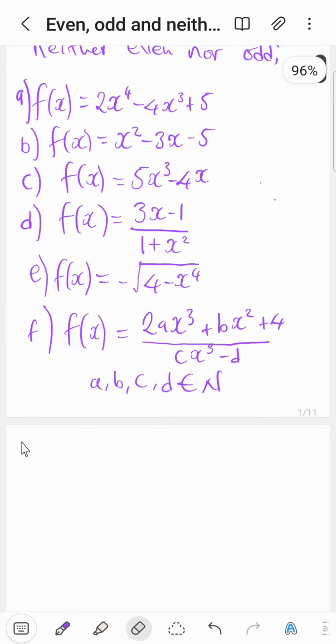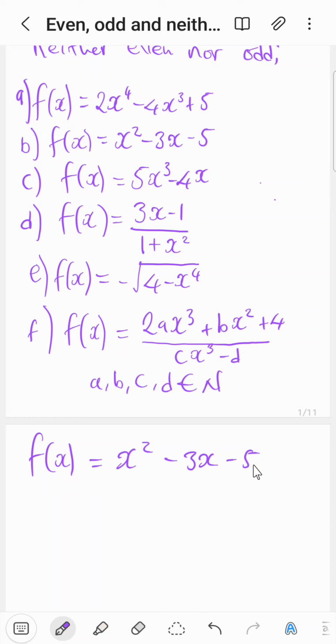Let's do our b. What's our b? f of x is equal to x squared minus 3x minus 5.